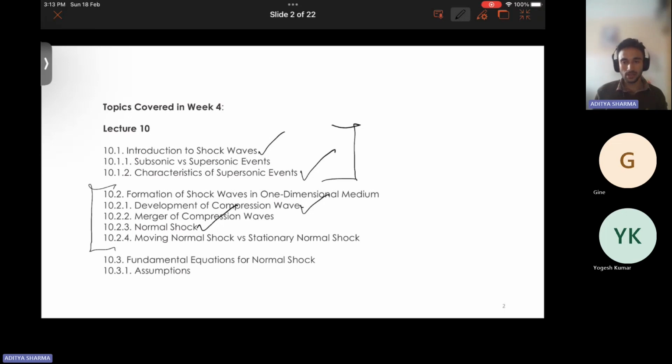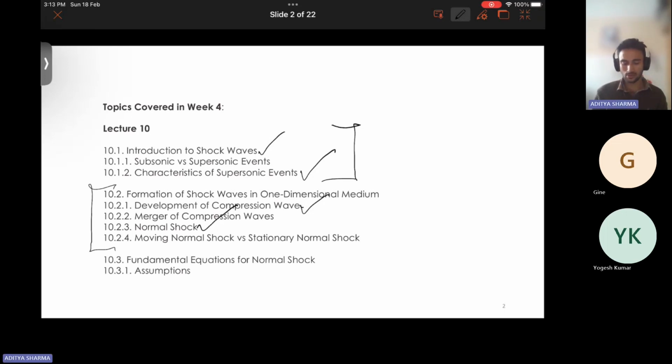This has been discussed, like how the merger in a limiting case of an instantaneous merger of these compression waves gives us a normal shock. All right. So this was discussed in this heading.